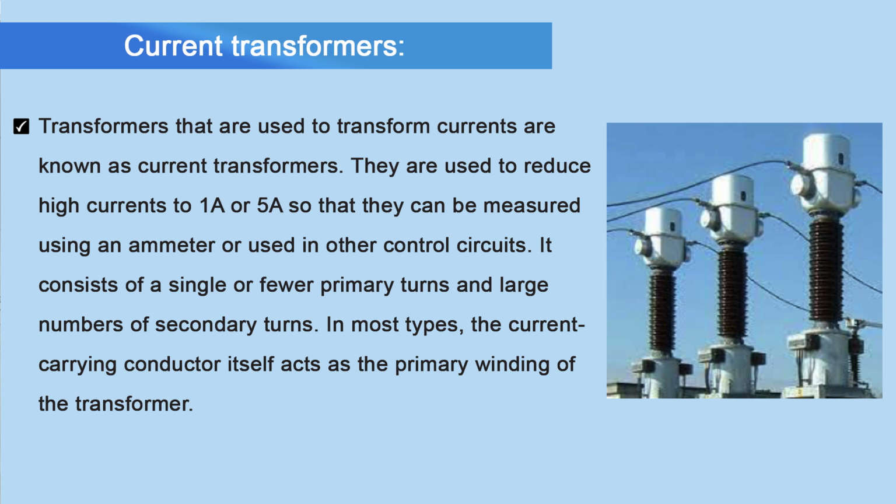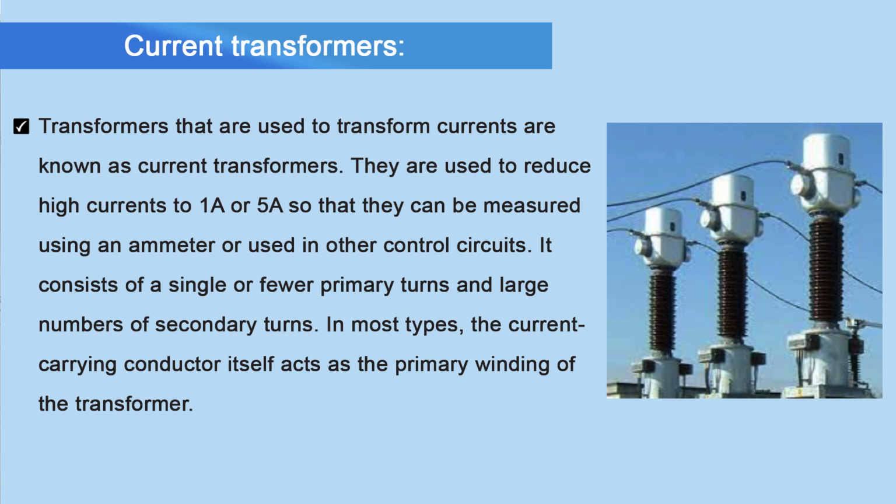Current transformers, or CT, are basically transformers that are used to transform currents. They are used to reduce high current to 1 ampere or 5 ampere, so that it can be measured using an ammeter or used in other control circuits.